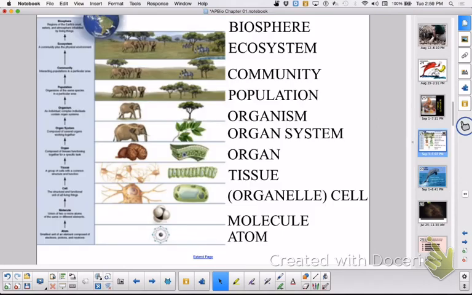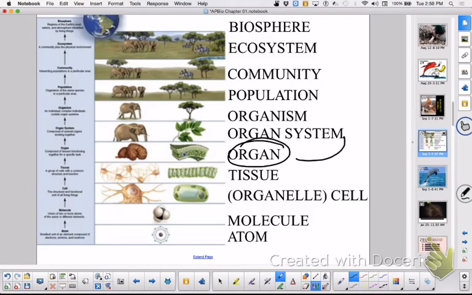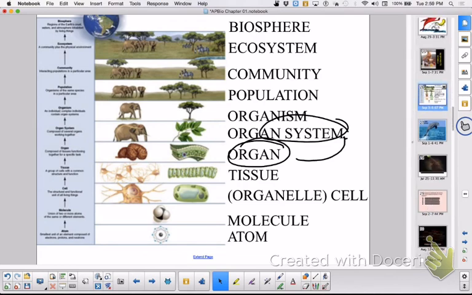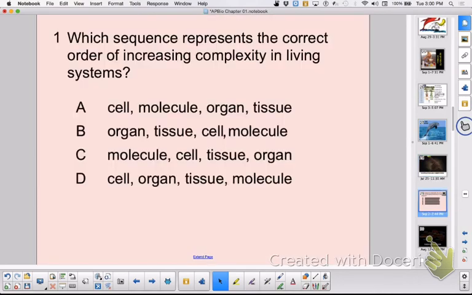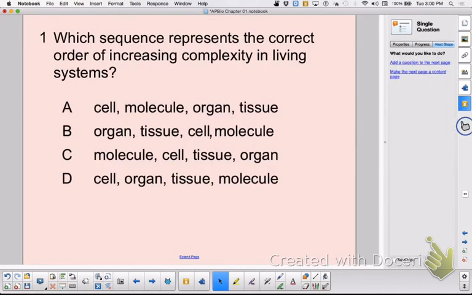Okay, so are the properties of an organ different than the properties of an organ system? Yeah, new things happen. That's all emergent properties means. Then we talked about cooperation and competition, which is about interactions. Good job.